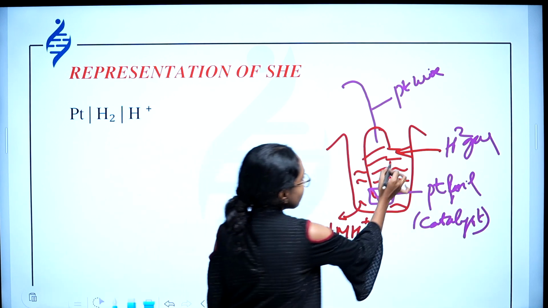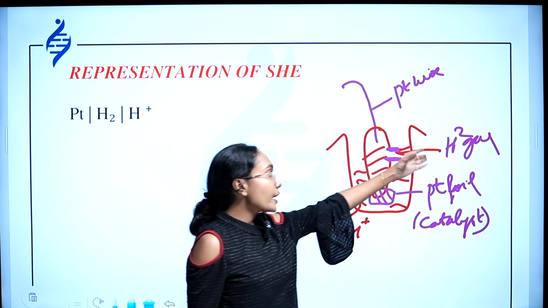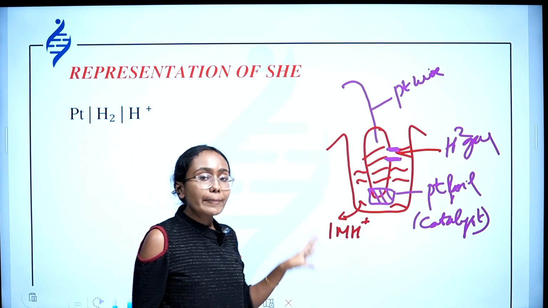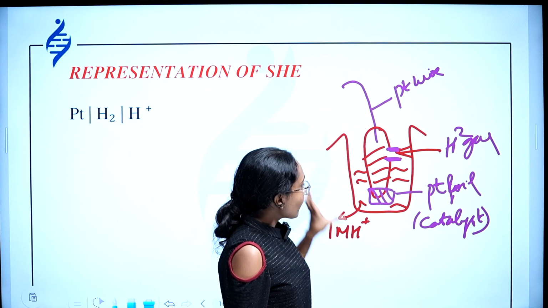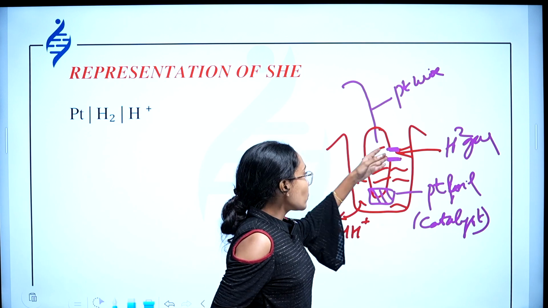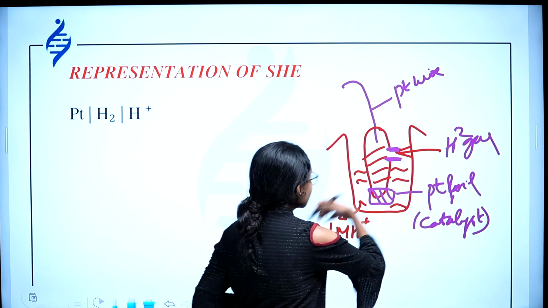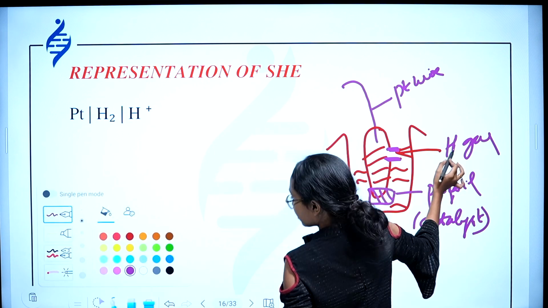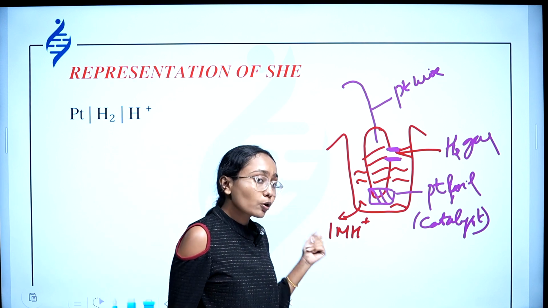So this is the setup or apparatus of the standard hydrogen electrode. It has a platinum wire, a glass tube, and a platinum foil coated with platinum black, acting as a catalyst. Through an aperture we provide H2 gas at high pressure, and we also have the electrolyte, 1 molar H plus.